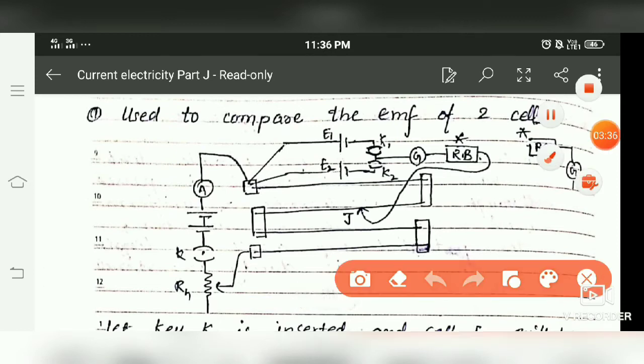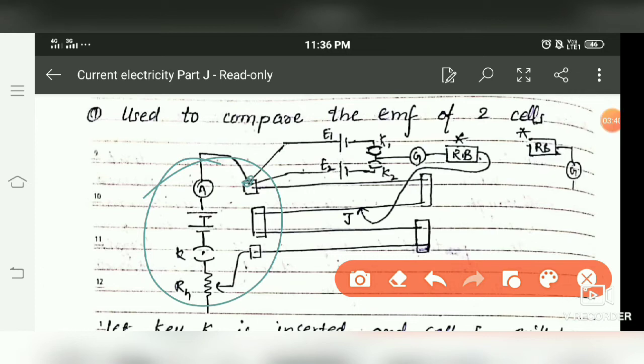Now here we join the auxiliary circuit, the same as the previous, and from this positive end we take a secondary circuit, the circuit which helps to compare the EMF of the two cells. From the positive end we connect the positive end of the cell, negative to the key, again the other positive end to the other cell and negative to the key, then both are connected to the jockey.